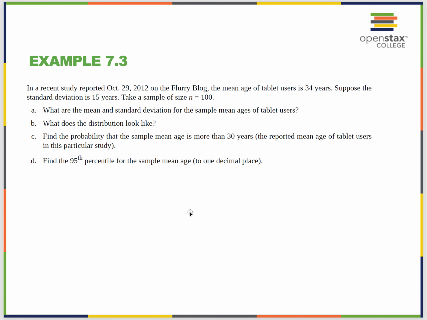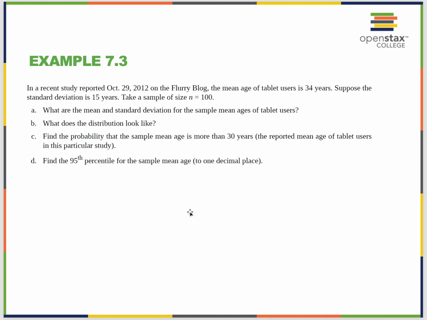Here's another problem. In a recent study reported on October 29th on the Flurry blog, the median age of tablet users is 34 years old. Suppose the standard deviation is 15 years. Take a sample of size 100.